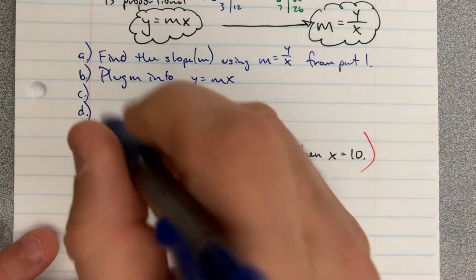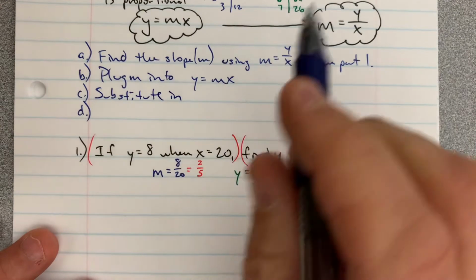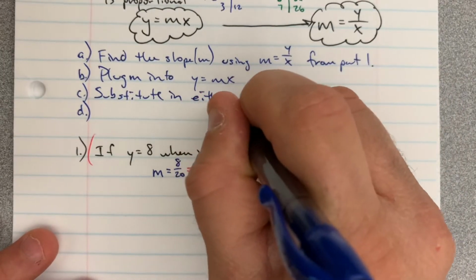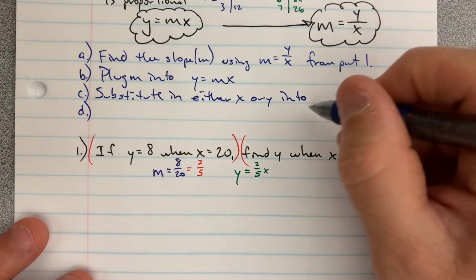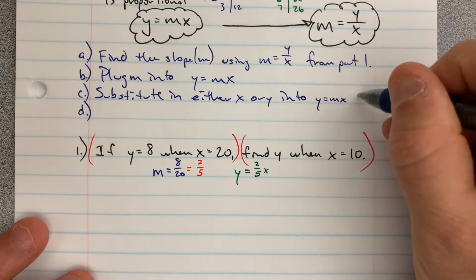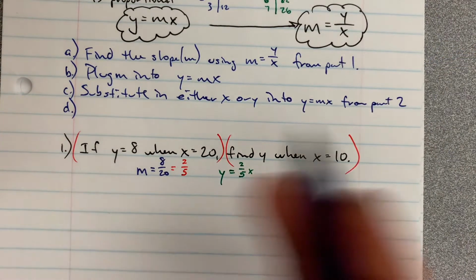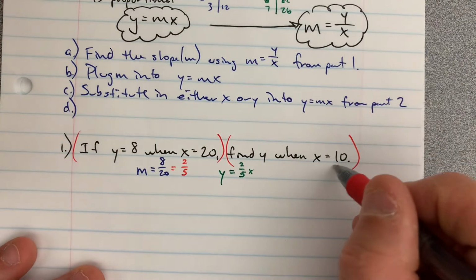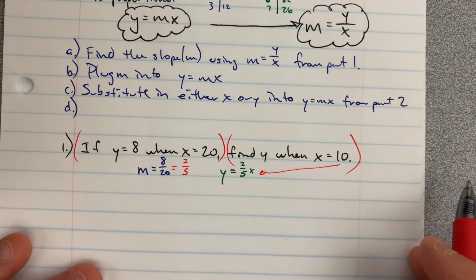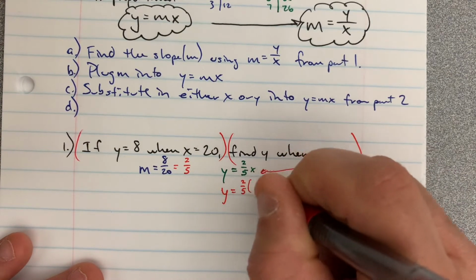Step C is to substitute in either x or y into y equals mx. It just depends on what the problem's asking. For this one, they're telling us that x is 10, so I'm just going to plug in the 10 for that x. And when I do that, I'm now left with y equals 2/5 times 10.